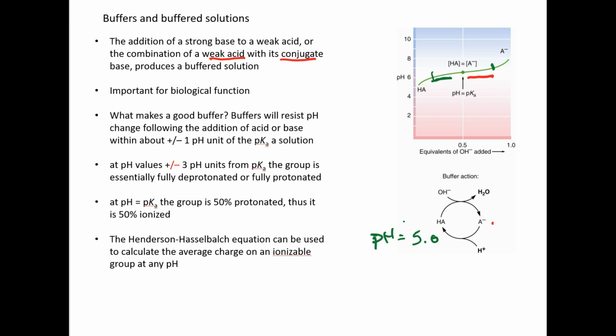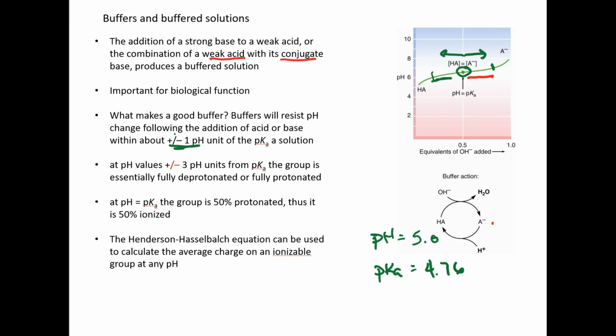We could use acetic acid paired with acetate because its pKa is 4.76 or thereabouts, which puts the equivalence right there. Now, this is good because it's going to be very effective at resisting pH change on both sides of that pKa for about 1 pH unit. So ideally, plus or minus 1 pH unit from the pKa gives you the best buffering.